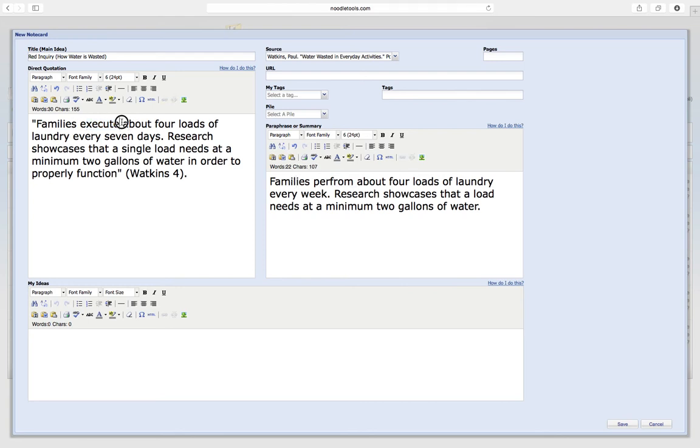About 4 loads of laundry. Research showcases that a load needs a minimum. Here's the issue. The paraphrase right here is still too close in terms of the phrasing from Watkins.